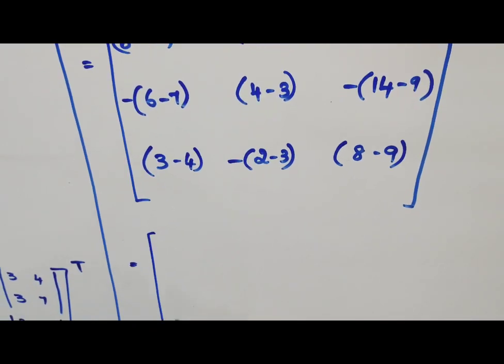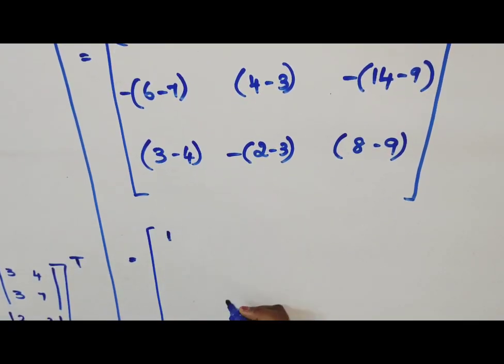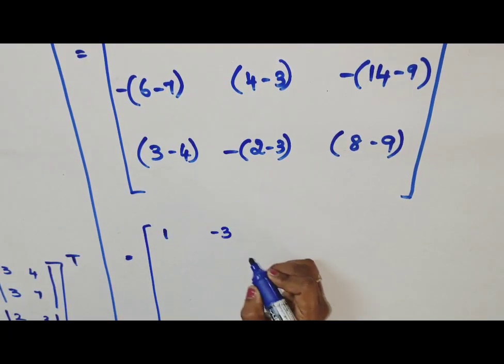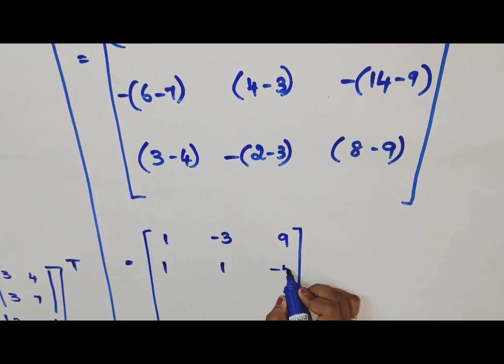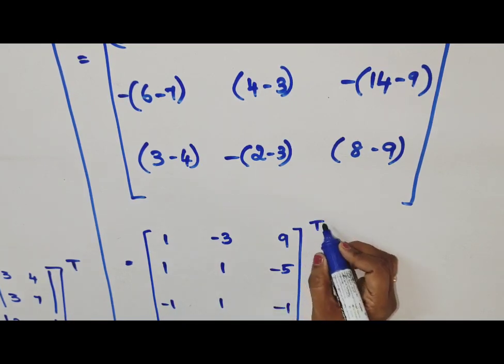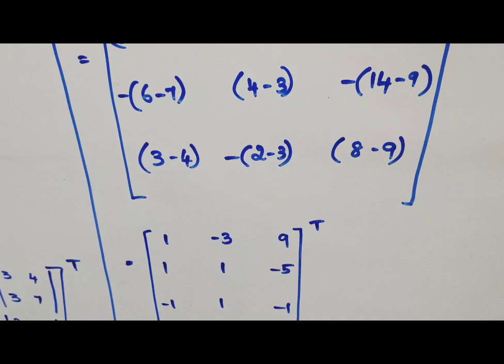So if I simplify, 8 minus 7 it is 1, 6 minus 3 it is minus 3, 21 minus 12 it is 9, 6 minus 7 is minus 1 it will become plus 1, 4 minus 3 it is 1, 14 minus 9 it is minus 5, minus 1 it will become plus 1, minus 1, and we have to take the transpose.